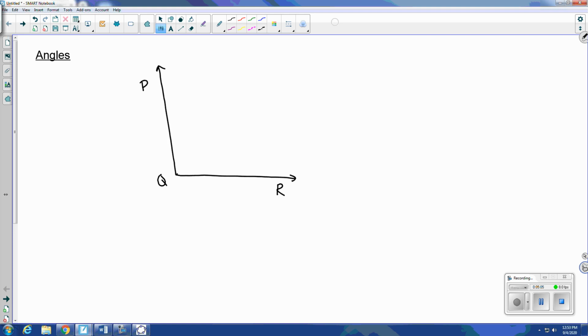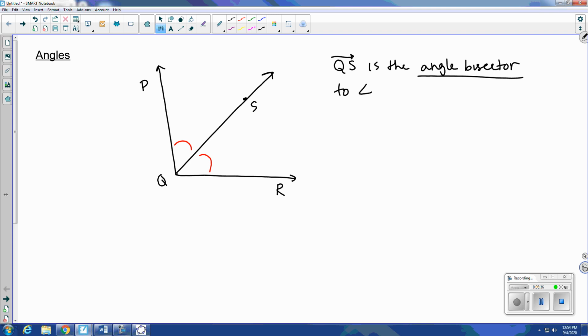So again, if we introduce S in a location where that ray creates a congruency between the two subangles, then we can say that ray QS is the angle bisector to angle PQR.